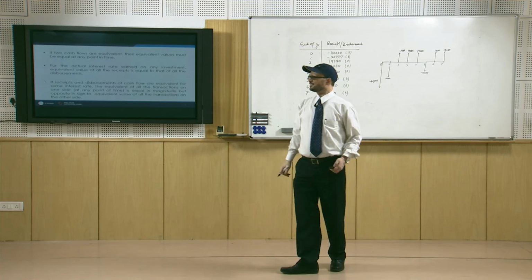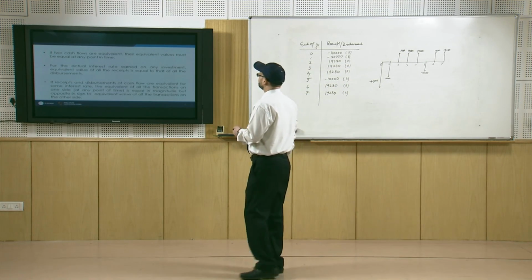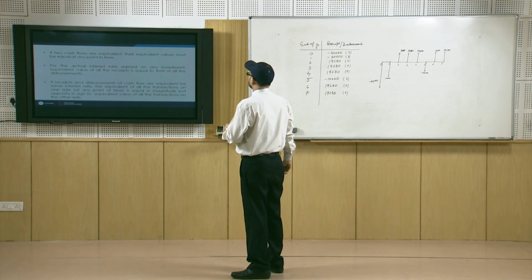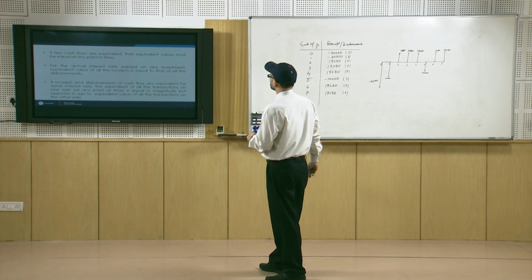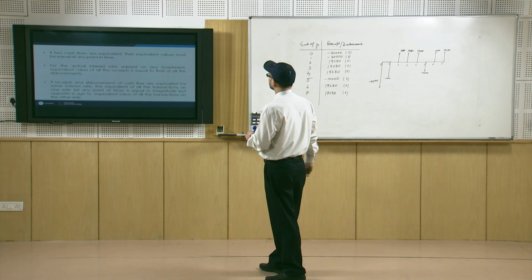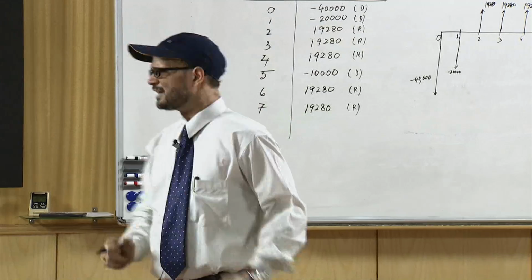Now, for this investment, the principle will be used where it is said that the equivalent value of all the receipts is equal to that of all the disbursements, but that has to be followed at a particular time.